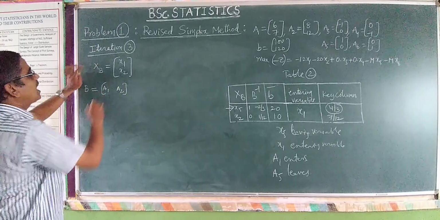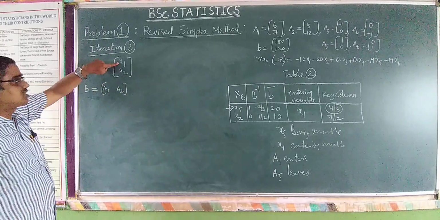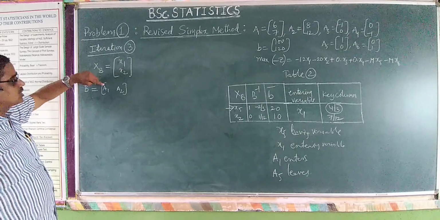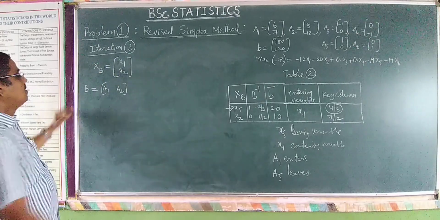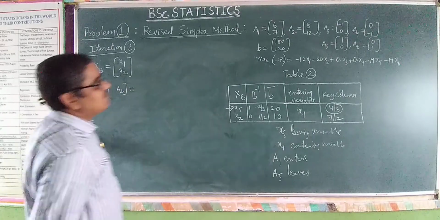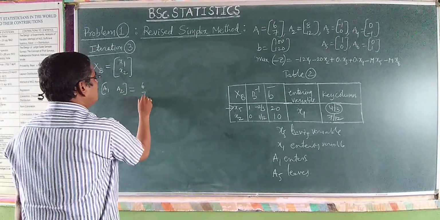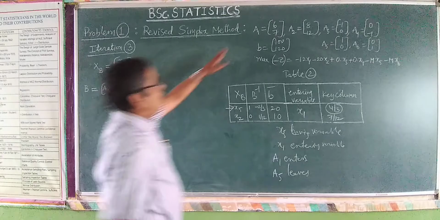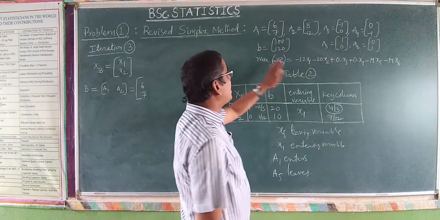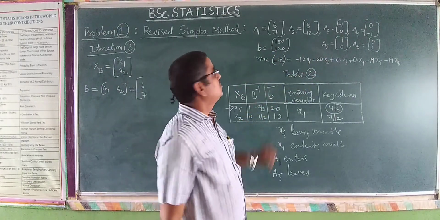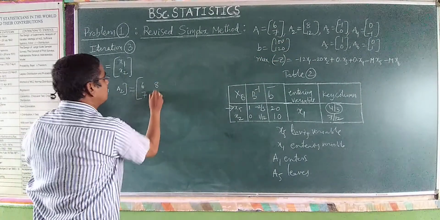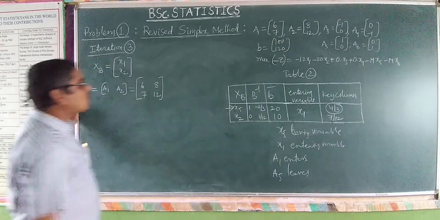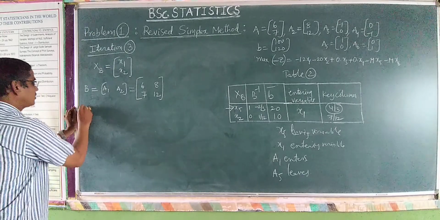This directly reflects the position: x1 corresponds to the vector a1, and x2 corresponds to the vector a2. So what is a1? A1 is 6, 7. You refer to all the vectors, b and the objective function here. So a1 is 6, 7 and a2 is 8, 12.